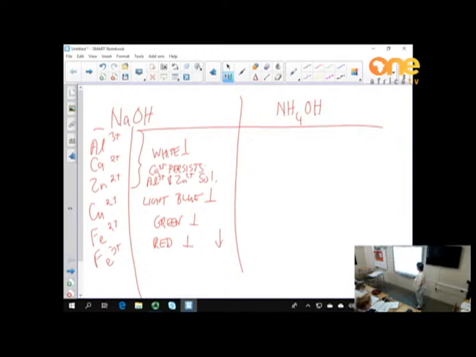Then we said there's a second set of tests that we can do because this test does not distinguish between aluminium and zinc. So to distinguish between aluminium and zinc, we will get a white precipitate. On excess, which one is ours?